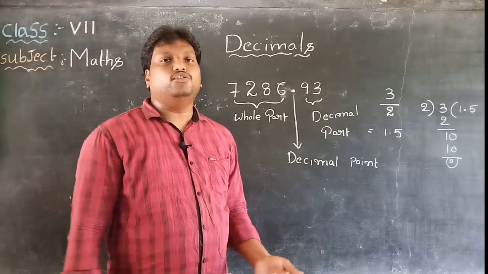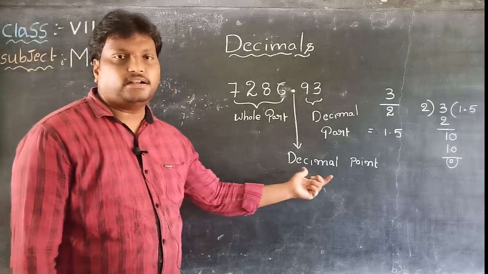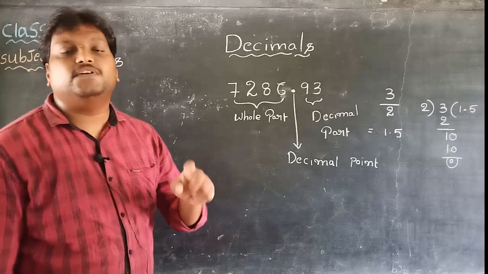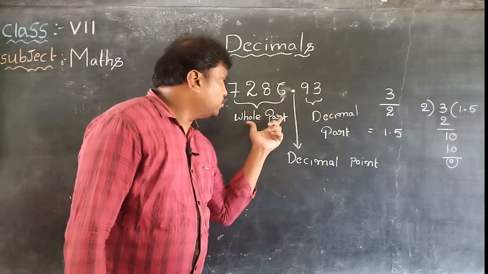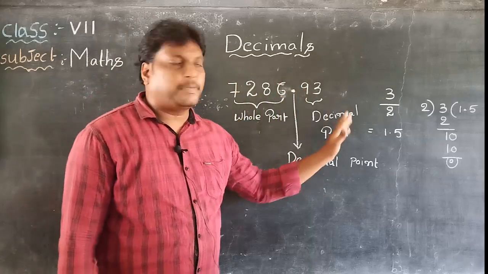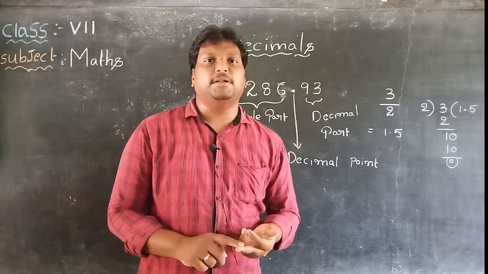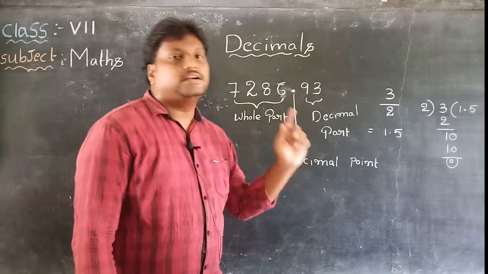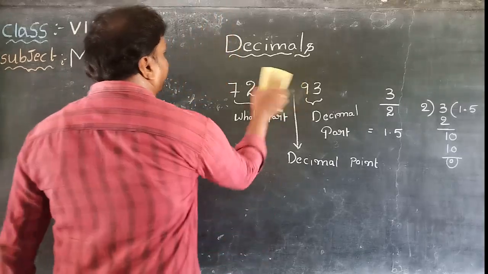We will convert fractions into points, means decimals. This is the whole part and this is the decimal part, and the total value is made of the whole part and the decimal part. The separation between the whole part and the decimal part, the point, is called the decimal point.